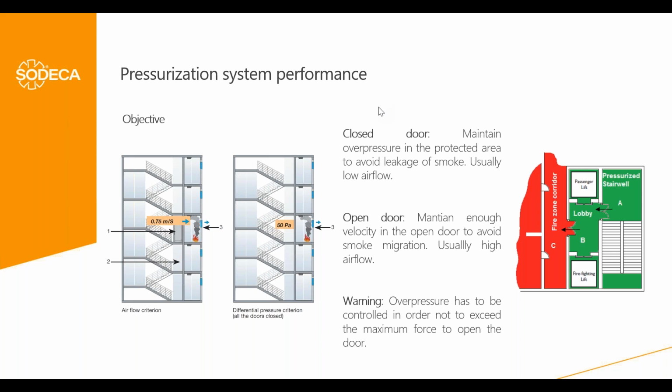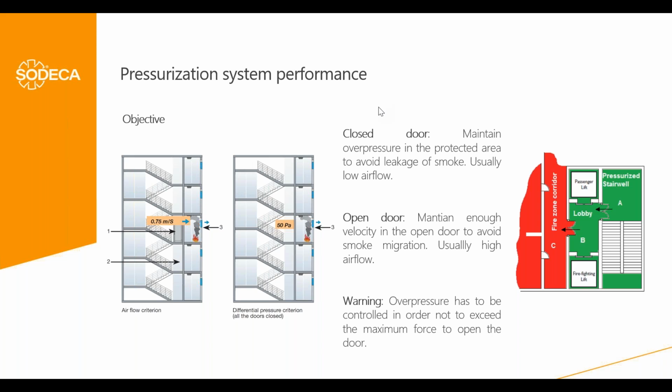If we maintain it constantly during other situations like door closed, then there is the risk that the overpressure in the staircase is too high, and this does not allow the door to be opened against this overpressure. So we have to control this level of overpressure with a minimum overpressure to avoid the leakage of smoke into the staircase, a maximum overpressure to allow the doors to be opened, and sufficient airflow in the door open condition to maintain this minimum critical velocity.